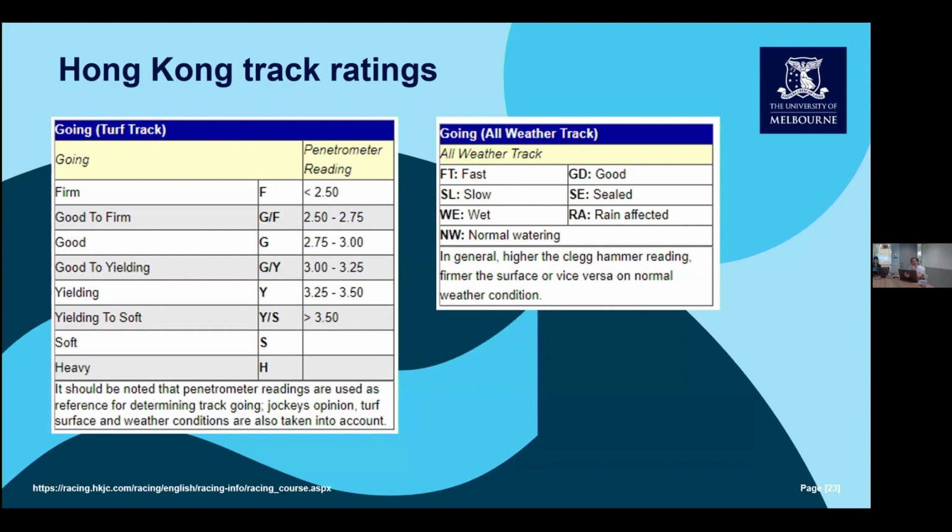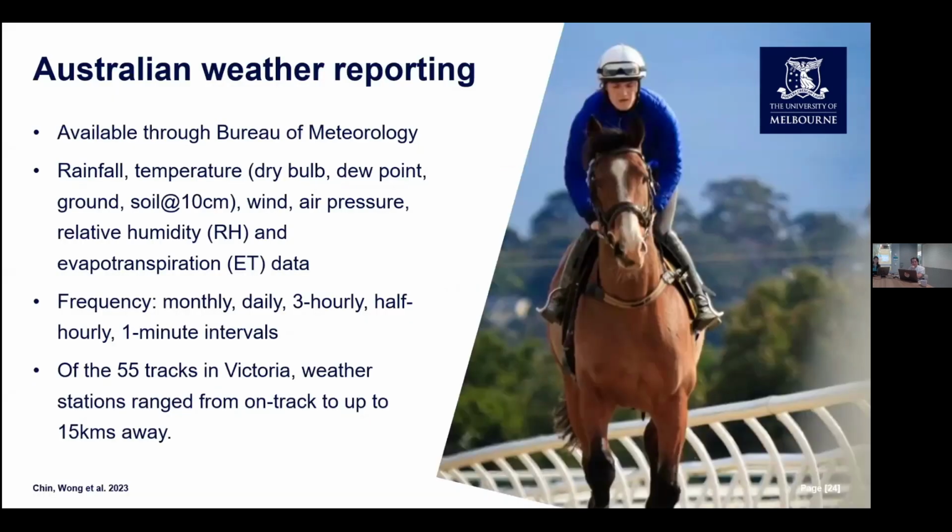So we can't even really reliably compare our scale. We've got a 10 scale track grading, and Hong Kong have an 8 scale that is based mostly on penetrometer readings, but also on the jockey's opinion, the turf surface, and the weather conditions are also taken into account.